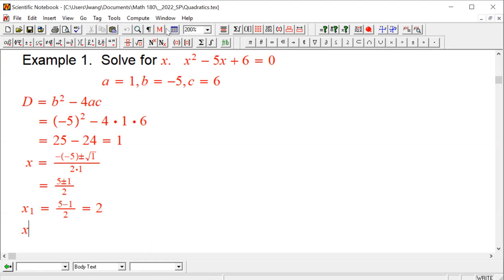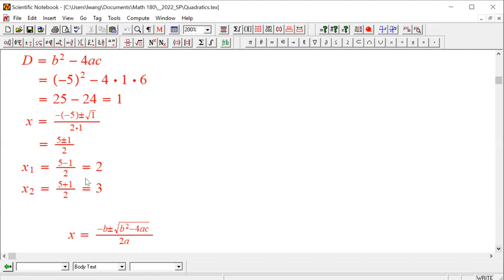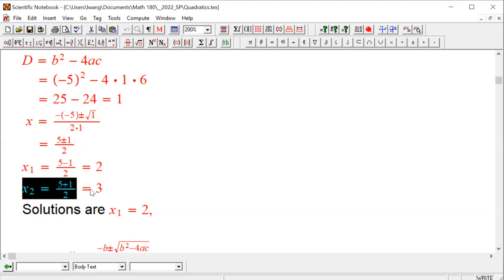My second solution is x sub 2. And that's going to be 5 plus 1 divided by 2, and that's going to be 3. And the solution is found. And then you can tell the reader the solutions are x sub 1 equals 2, x sub 2 equals 3.